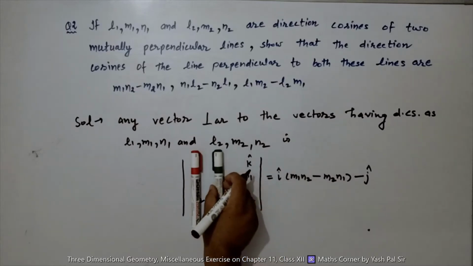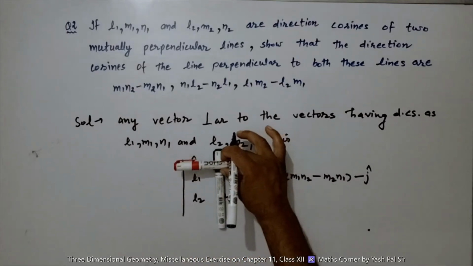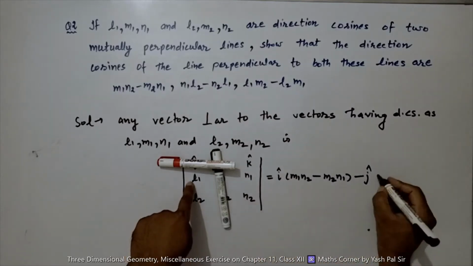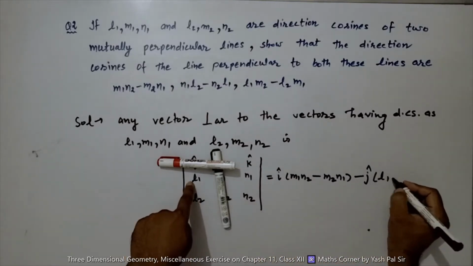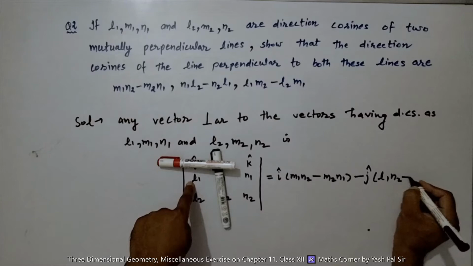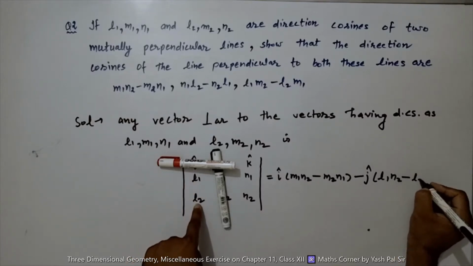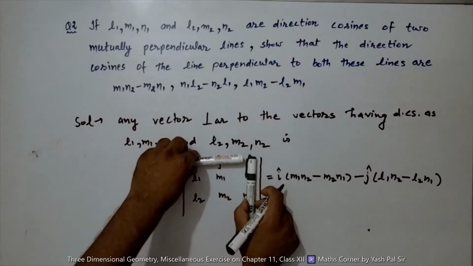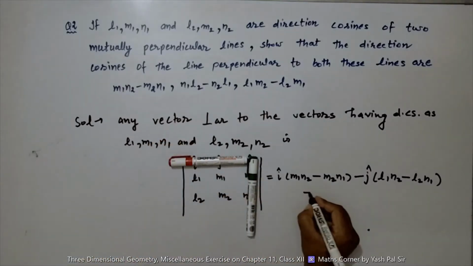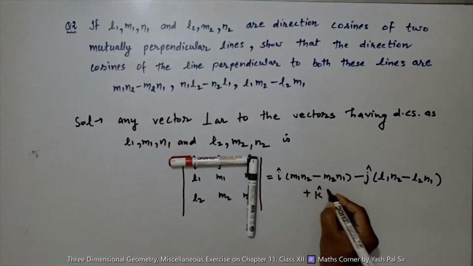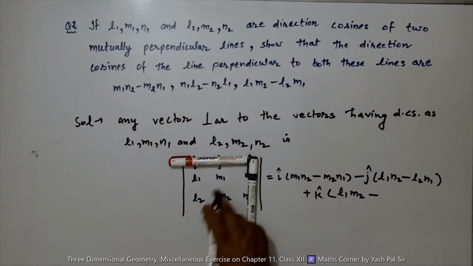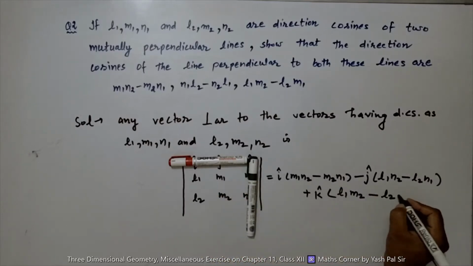Now, corresponding to this j, we eliminate the row and column. So we are left with l1 into n2 minus l2 n1. Lastly we have k cap, l1 into m2 minus l2 into m1.